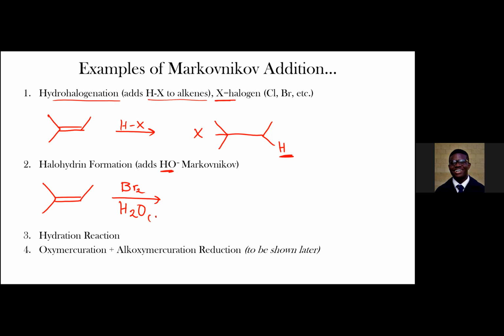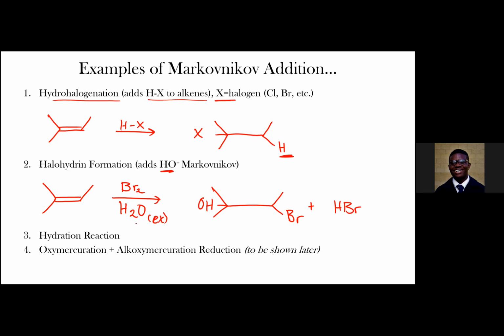So your final product would have the OH right there, and you would also have another product of HBr. Essentially in this reaction, you're going to have the OH being added onto the substituted position.